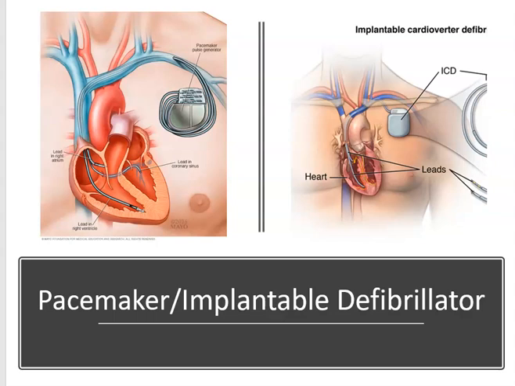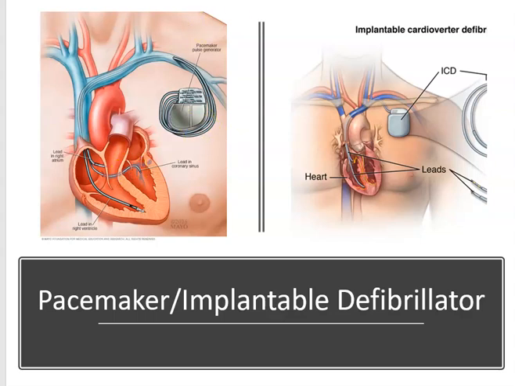All right, so on pages 217, 218, and 219, there is lots of information about pacemakers or implantable defibrillators. As illustrated on the diagram over here on the left, a pacemaker is a small device that's placed under the skin in the patient's chest to help control the heartbeat.